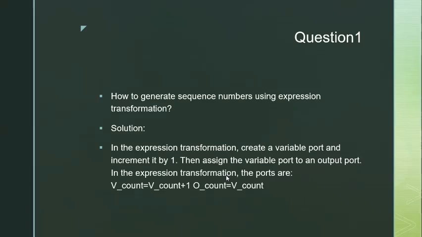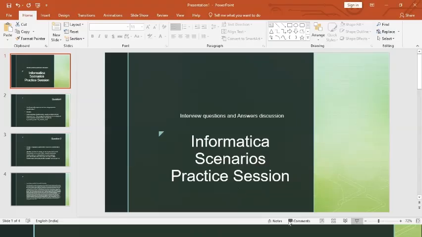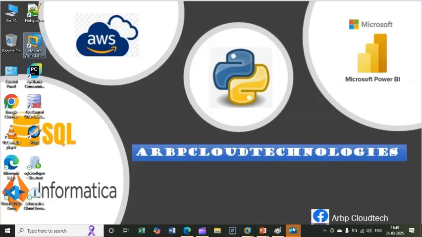The question is, suppose I want to generate a serial number. The sequence generator transformation is already available, but instead of the sequence generator, the interviewer asks how to generate that sequence number. I will show you in the practical session.